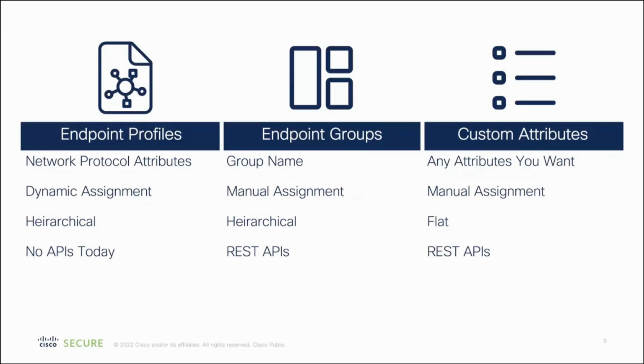It can be dates and times. It can be all kinds of different things that you want to be able to use in some kind of a policy to authorize an endpoint or even a user to your network. And it's just a simple flat table of attributes, and we'll go through and show you what that looks like.